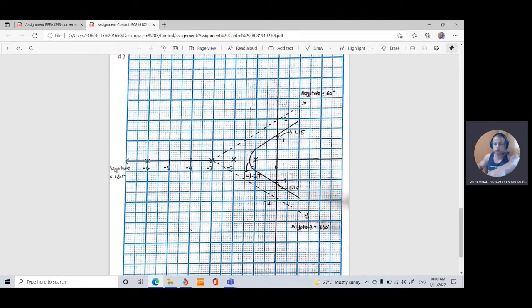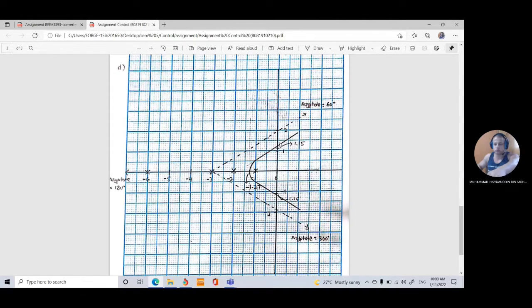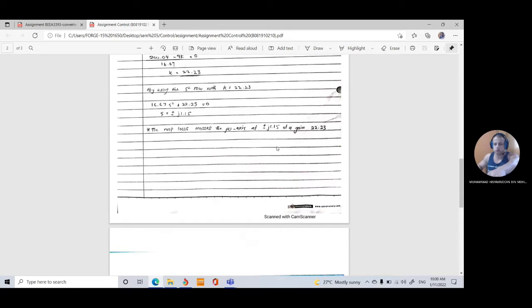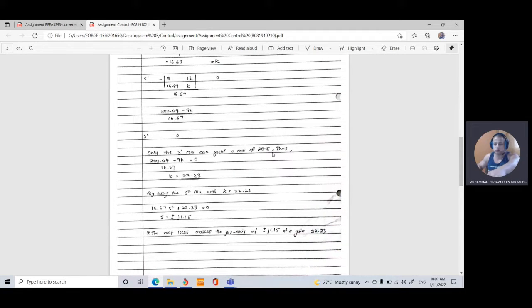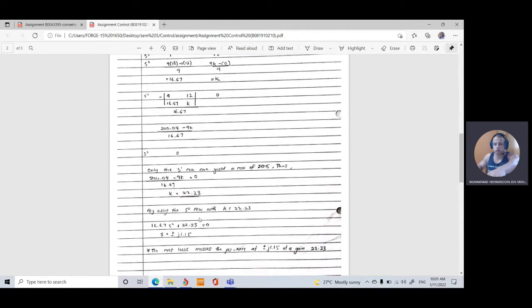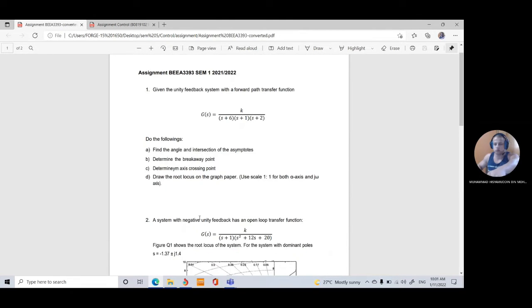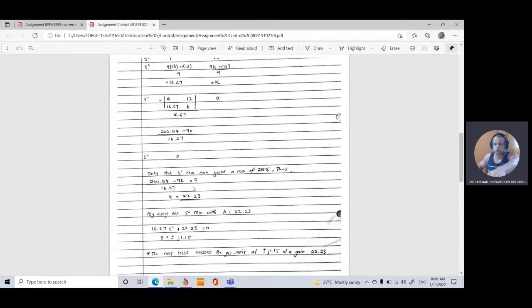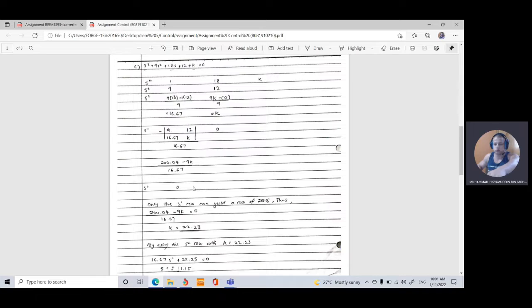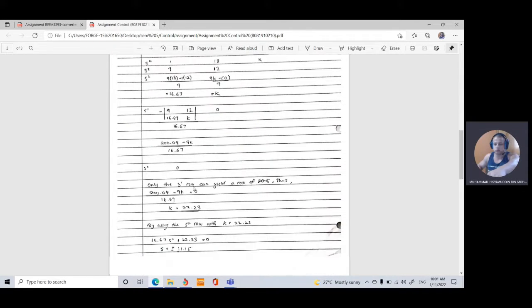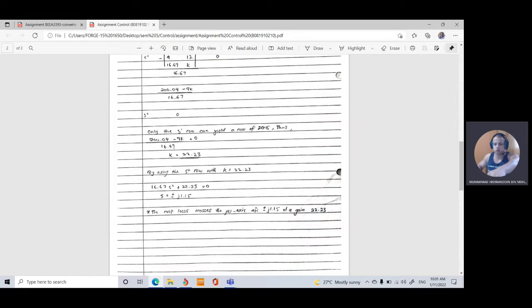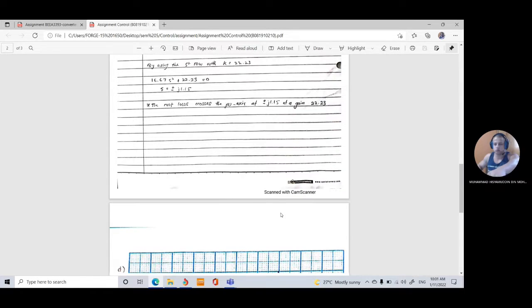And then we need to find the cross section for this one. For that one, we can get from the axis crossing point by using the Routh-Hurwitz criterion table. We can get the crossing point for plus minus j 1.15.